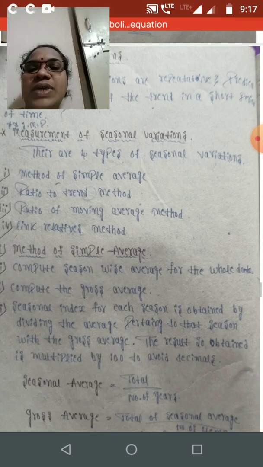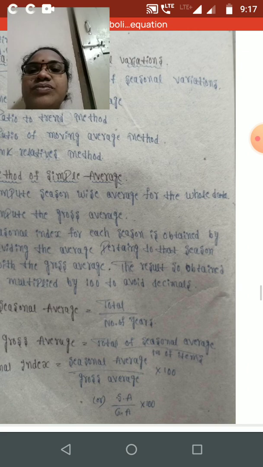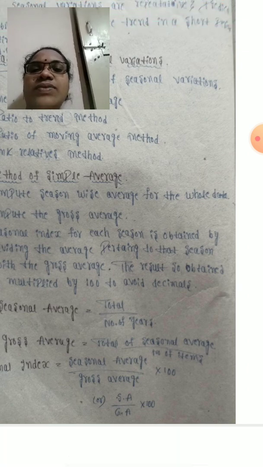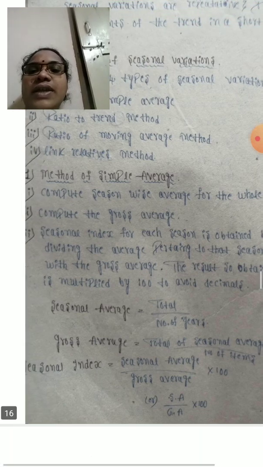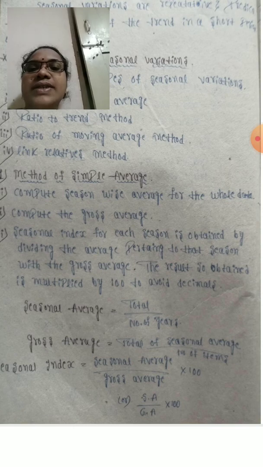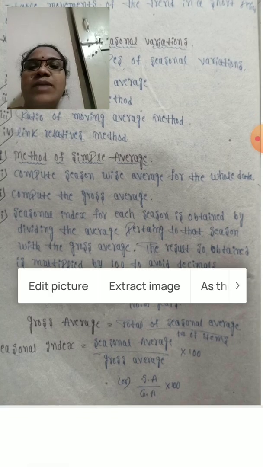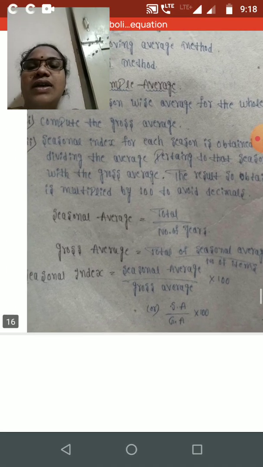Next, method of simple average. Compute the season-wise average for the whole data. Next, compute the gross average, and the seasonal index for each season is obtained by dividing the average pertaining to that season by the gross average. The result so obtained is multiplied by 100 to avoid decimals.